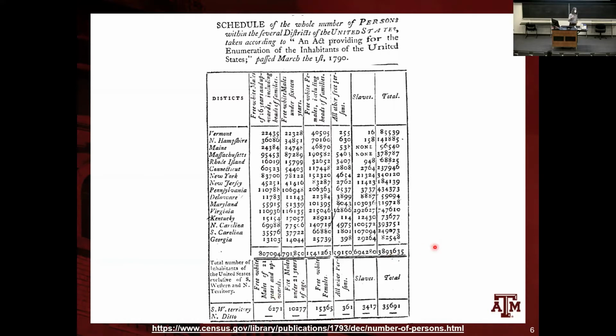So this is just to show that the concern of the government to understand the size of the population and the composition of the population has been there already for centuries, okay?